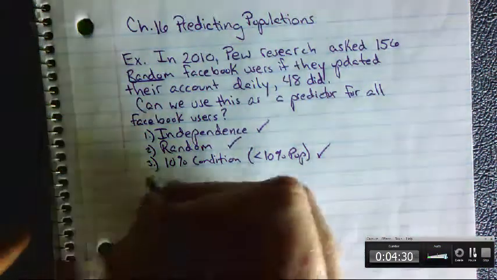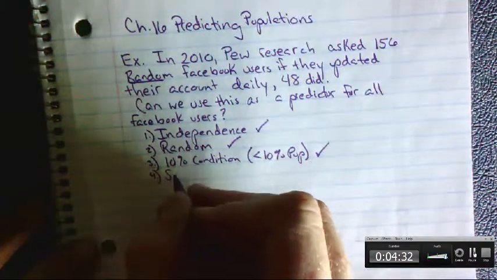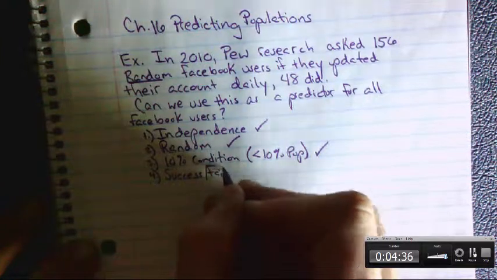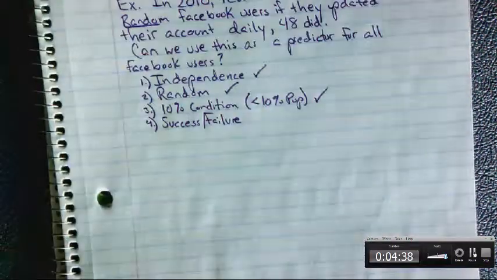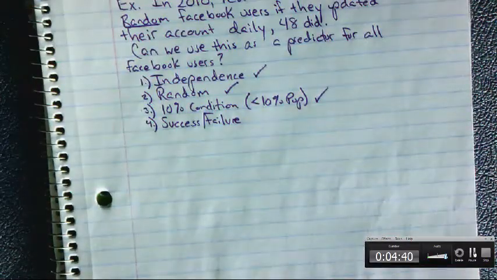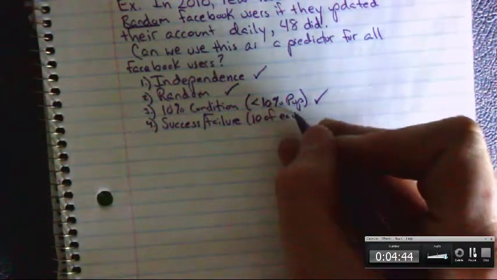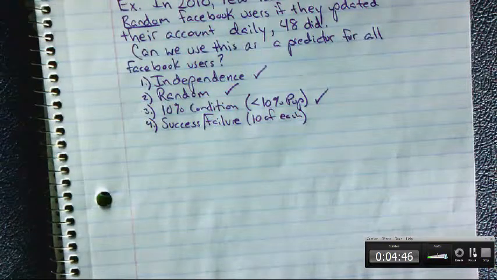And then the 4th assumption is the success-failure assumption. That says we need how many of each? At least 10 of each. We've got 48 people who have technically committed a success.